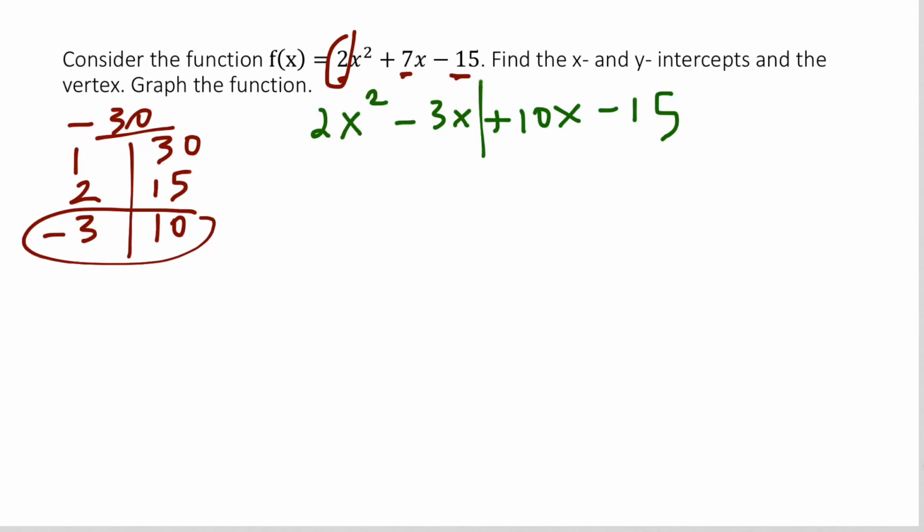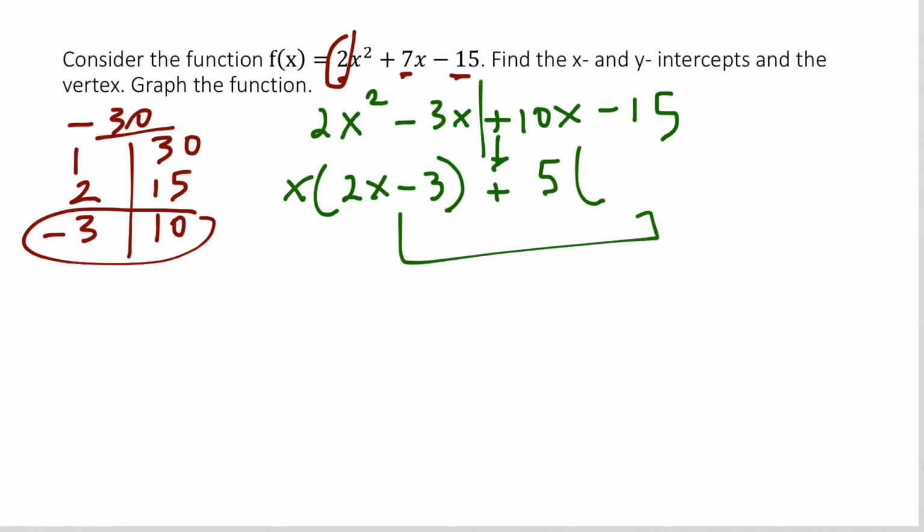So the GCF of the first two terms is x times 2x minus 3. I'm going to bring down this sign here. The GCF of 10 and 15 is 5. And I'm going to bring this 2x minus 3 over here. And like I said, this is a technique you should have learned in Algebra 2.